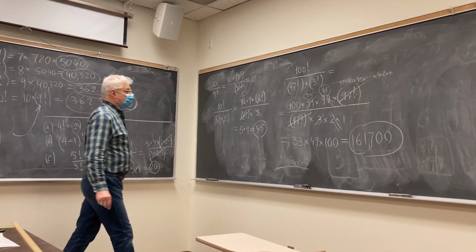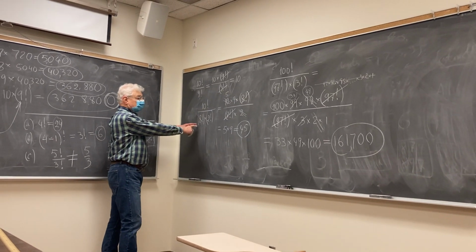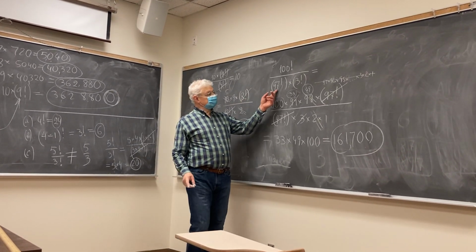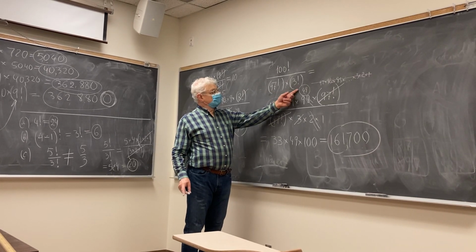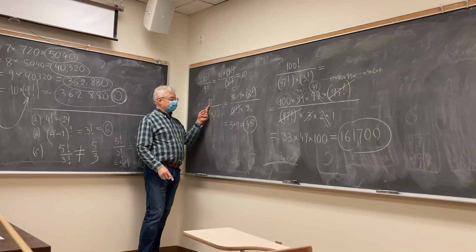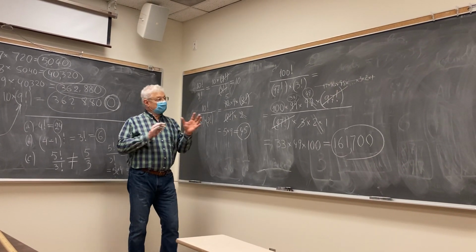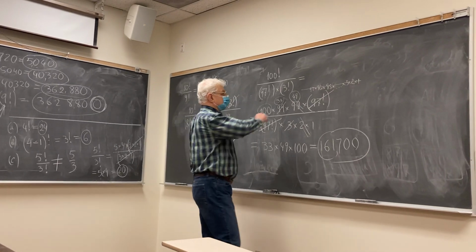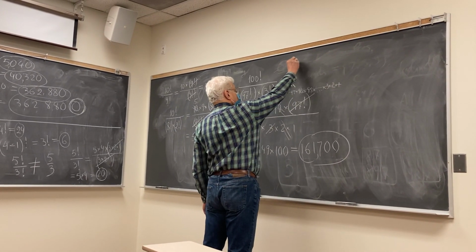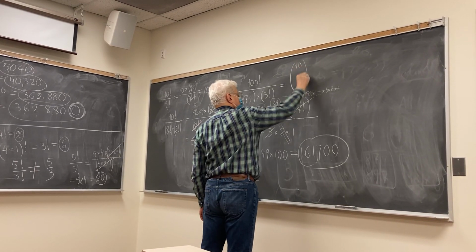Now look at what I wrote here and what I wrote there. 97 and 3 together give you 100. Here 8 plus 2 gives you 10. So if you have such a combination of factorials, it can be written as follows. You write 100, and below you write 97.